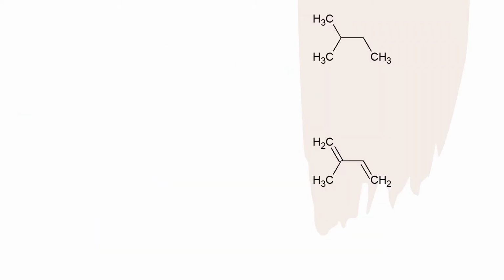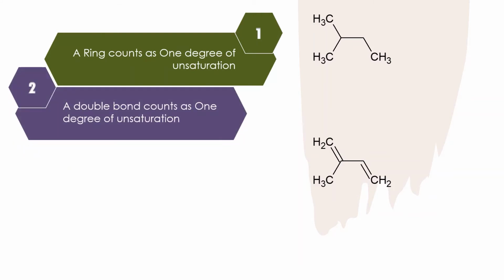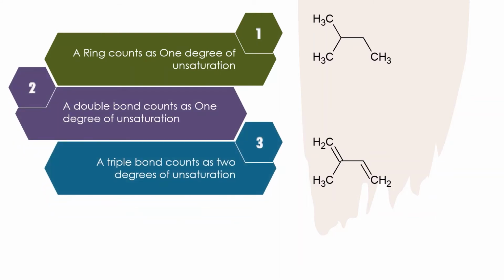So let us try to predict the HDI for these two structures first. Very simple it is. We should know that a ring counts as 1 degree of unsaturation, a double bond counts as 1 degree of unsaturation, and a triple bond counts as 2 degrees of unsaturation. And this is the formula which we had seen earlier.